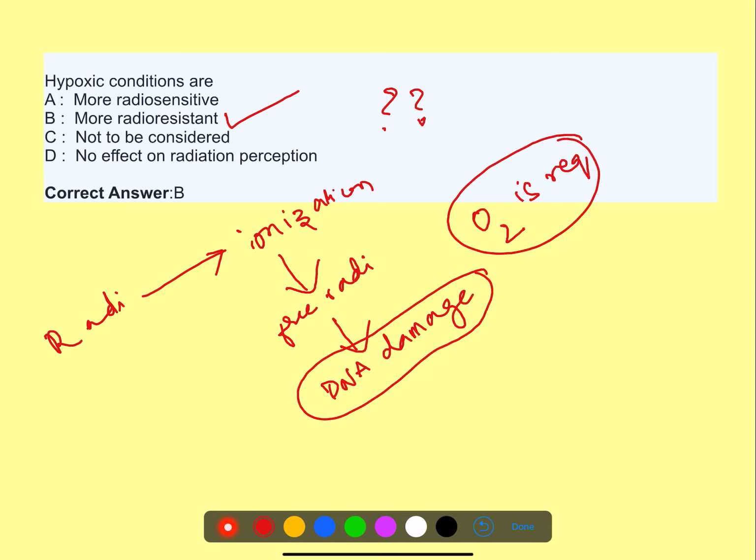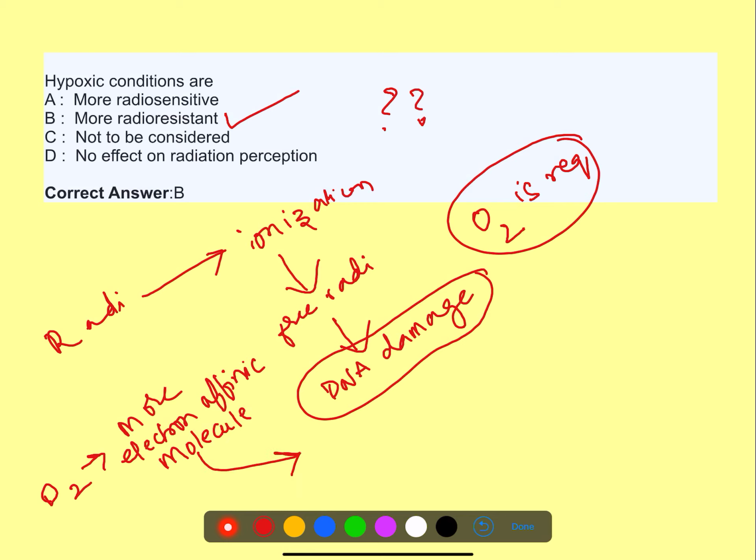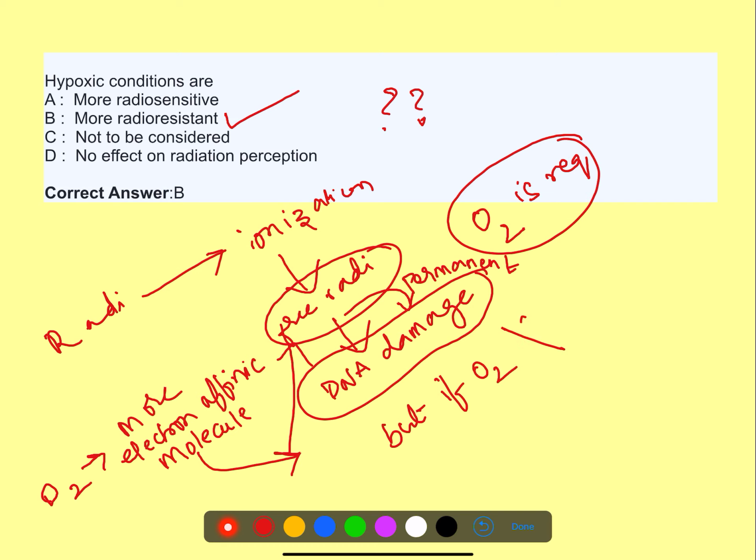How? Oxygen is a highly electron affinic molecule, so it will come and bind to the free radicals produced during ionization and cause permanent damage of DNA. But if oxygen is absent, then the DNA is repaired back.